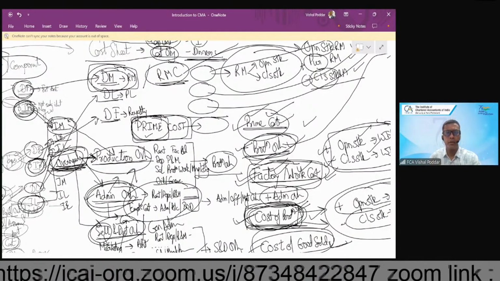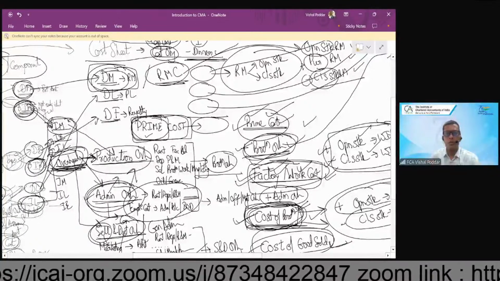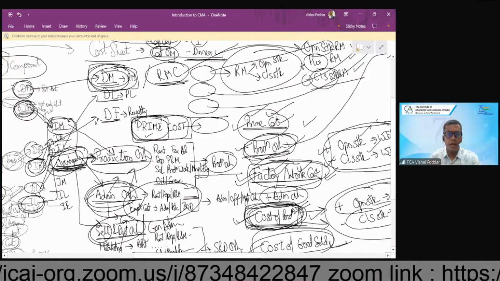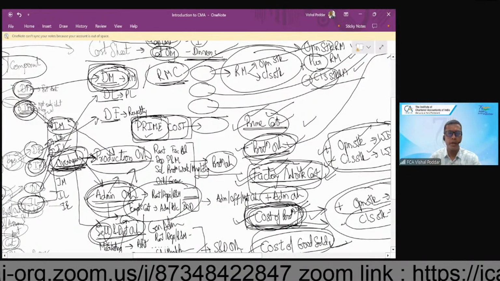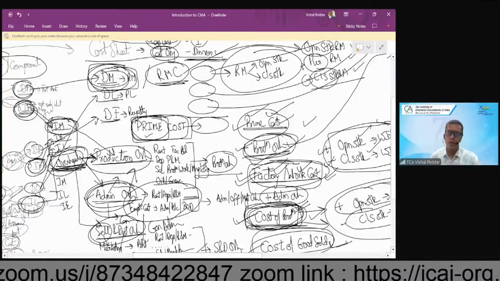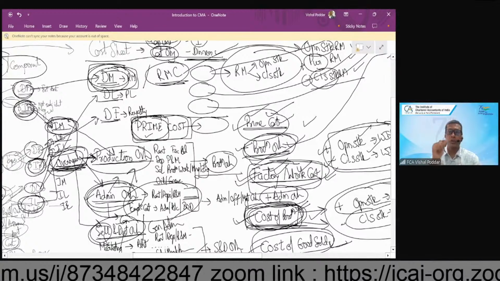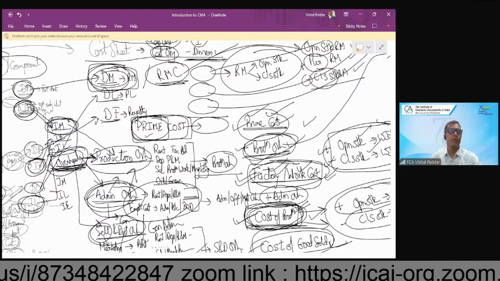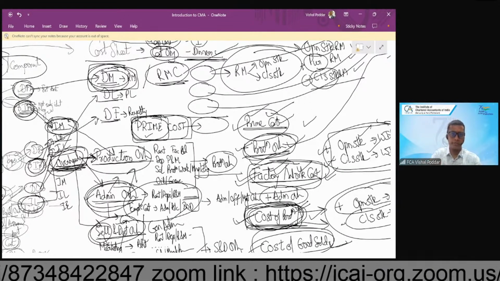It will be appearing here in your production overheads. So this material component is the major cost out of the entire cost details. The major proportion of cost is always this material.